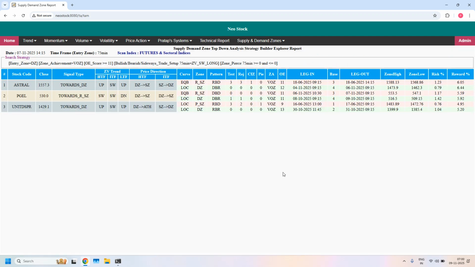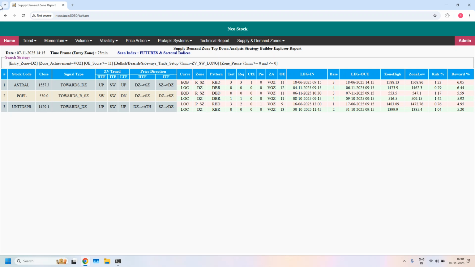So we got 3 stocks. In all the 3 stocks, the entry time frame zones are 75 minutes demand zones. You should plan trades in these zones only if lesson 30.3 video checklist items are satisfied for the sideways long trade setup for weekly income trade.